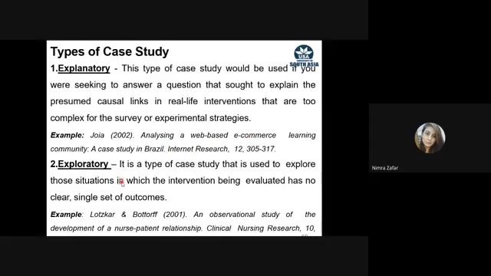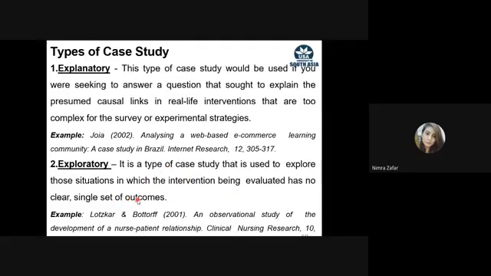Then there is an exploratory case study, as the name suggests. Exploratory means exploring something. It is a type of case study that is used to explore those situations in which the intervention being evaluated has no clear or single set of outcomes.